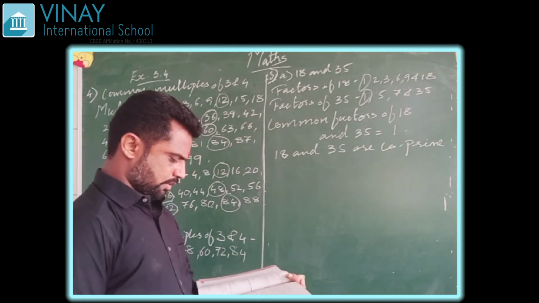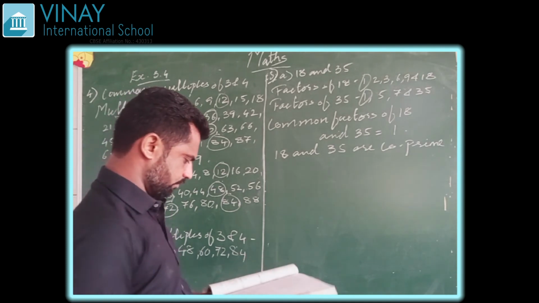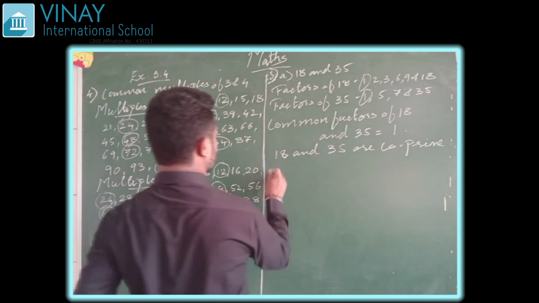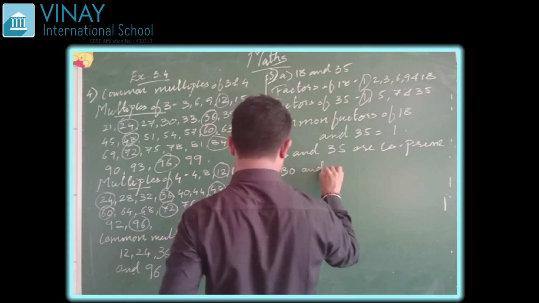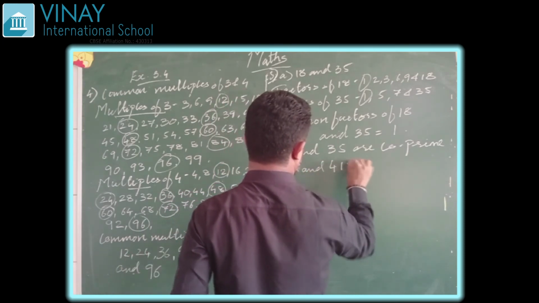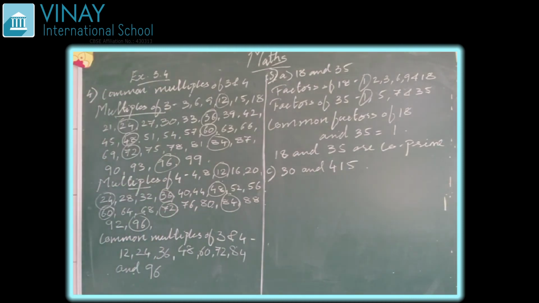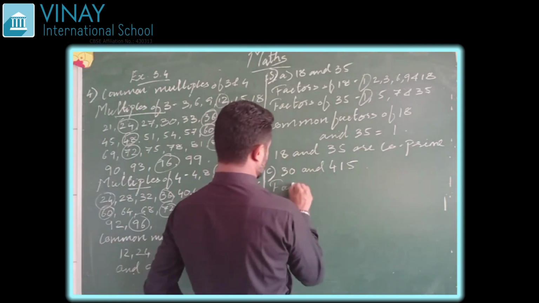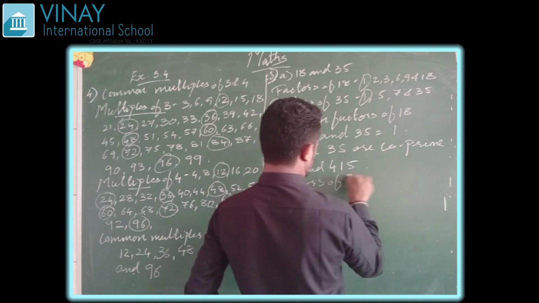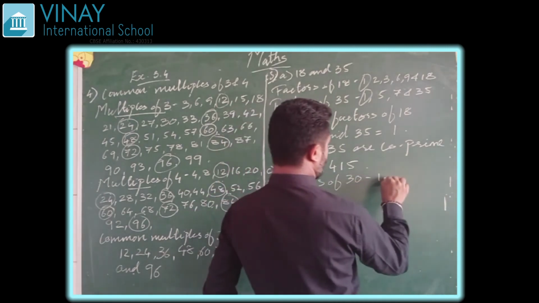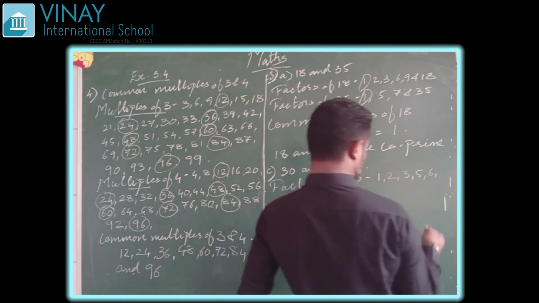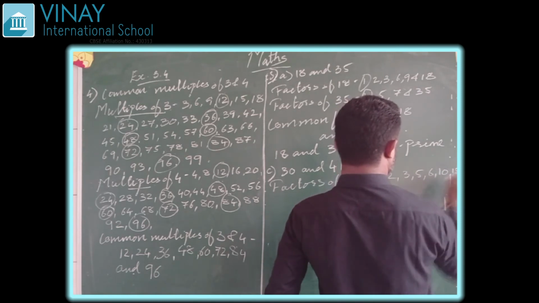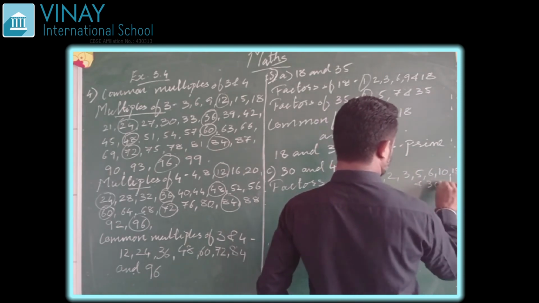Let us see question number C, that is 30 and 415. First we need to find the factors of 30. Factors of 30 are 1, 2, 3, 5, 6, 10, 15 and 30.